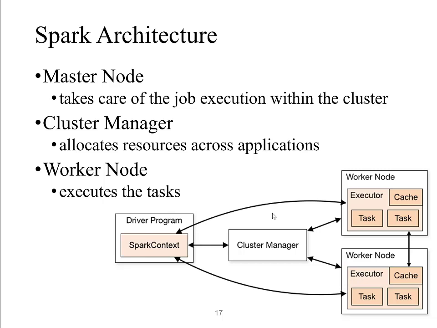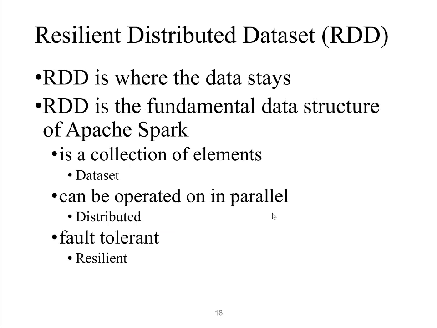The first thing here is to see how the data is transferred or shared in this whole Spark architecture. So that brings us to the RDD, which stands for Resilient Distributed Dataset. Basically, RDD is where the data stays in Spark, and it is the fundamental data structure of Apache Spark.